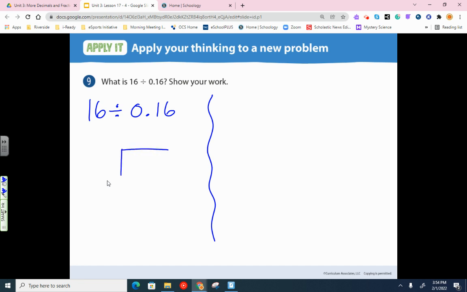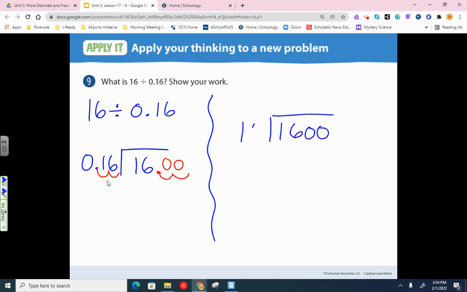Quite often what kids will do is they'll move this decimal point over to create 16, and then they'll stop. But however many times you jump your divisor, you have to do the same out here. So I've got to jump over 2 for this one. So what you really end up with is 1,600 and then 16 outside here.